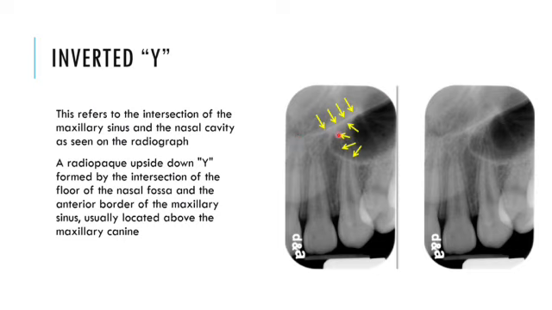So this is that Y-shaped line, which is formed by the intersection of the floor of the nasal fossa and the anterior border of the maxillary sinus, which is located usually above the maxillary canine. So this inverted Y line of Ennis we can see in a maxillary canine projection.